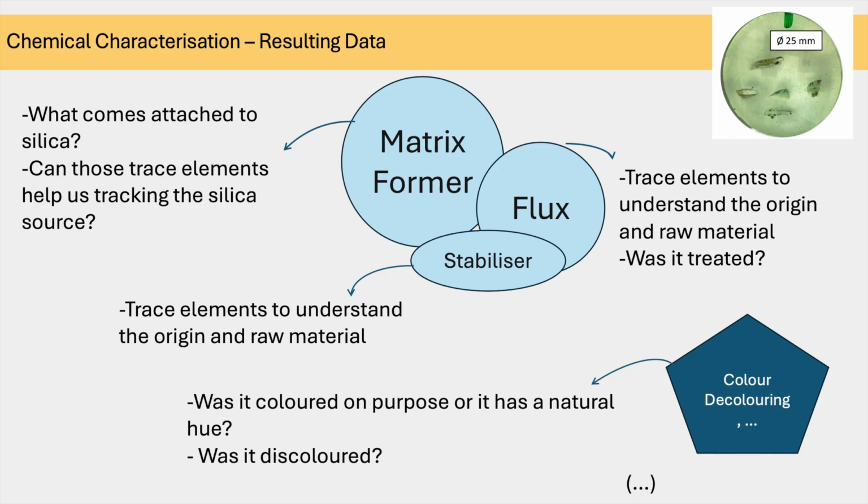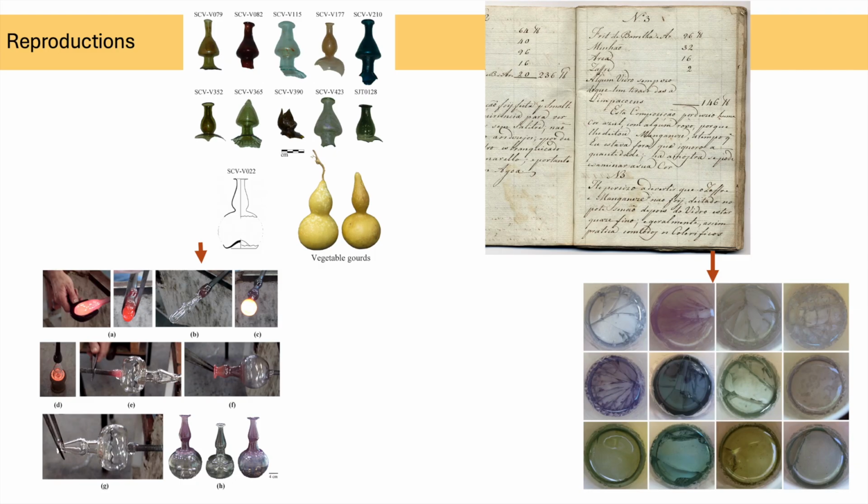For the stabilizer, the same question. Can we identify elements that help us understand the origin of the raw material? The whole composition together will help us understand the recipe that was used to produce that specific glass. Finally, when we look into the color, we want to understand if it's a natural hue, or if it was colored on purpose, if it was discolored, and so on.